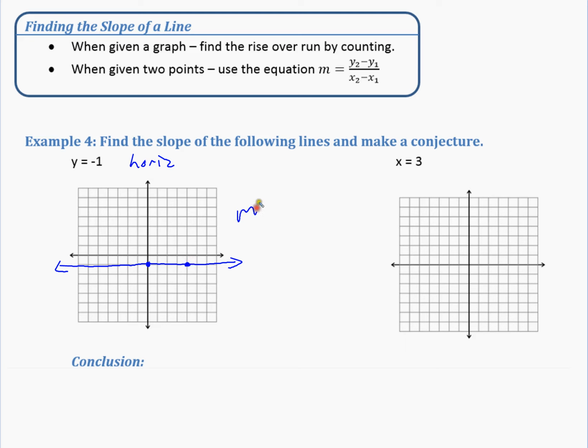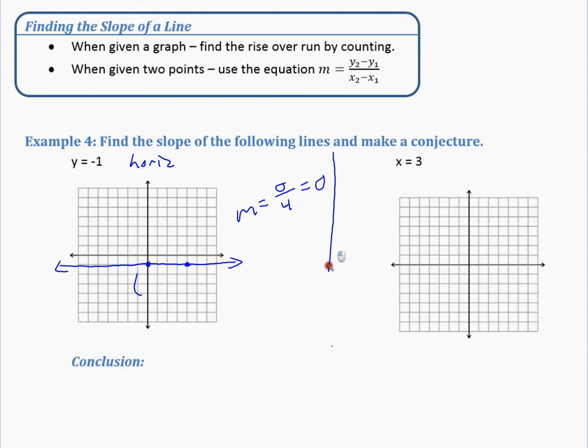And so slope, this point right here, well, we can count it off. Our rise, well, we're not going up or down at all to get to this point. So our rise is 0, and our run is 1, 2, 3, 4. 0 over 4 is 0. So the slope is 0 for a horizontal line, which does make sense because slope measures steepness, and a horizontal line has absolutely no steepness.